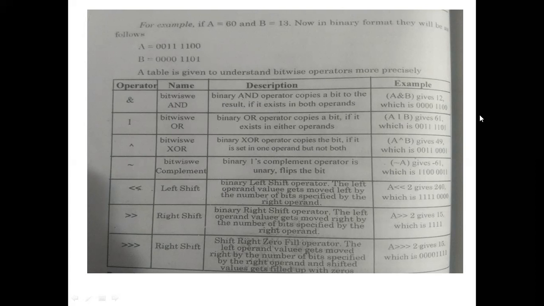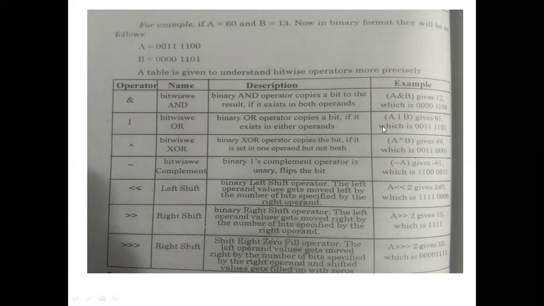So 0, 1 gives 0, and so on for each position. So this value will be obtained. If you convert this number to decimal, it will give you 12. So a bitwise AND b gives 12.